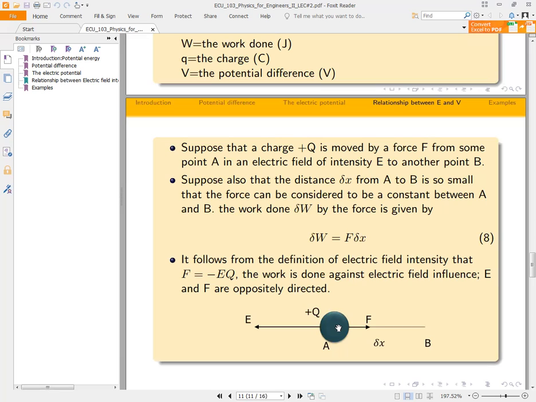The small work done delta W is force times the distance.